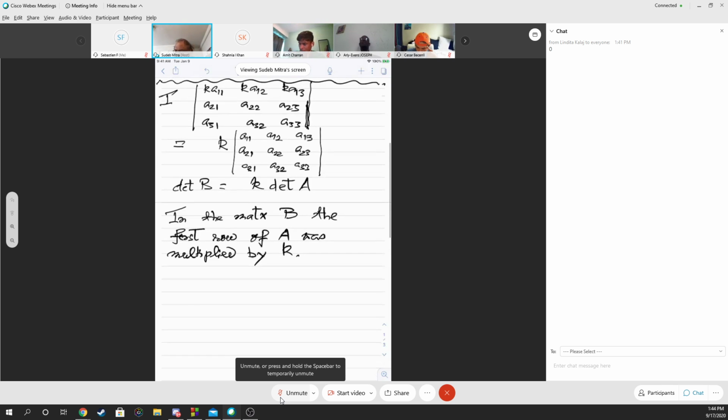Next, suppose you do this. You interchange 2 rows just once, by the way. I had A11, so I interchanged 2 rows.